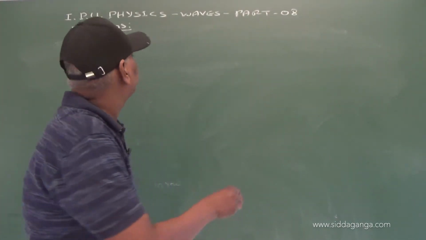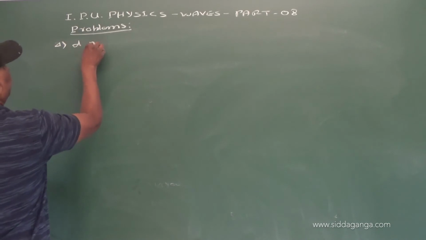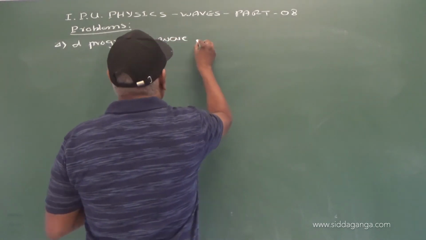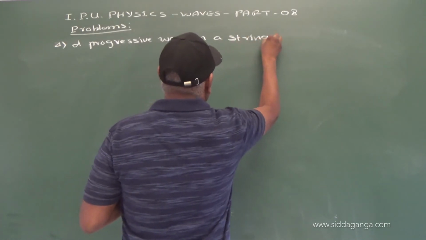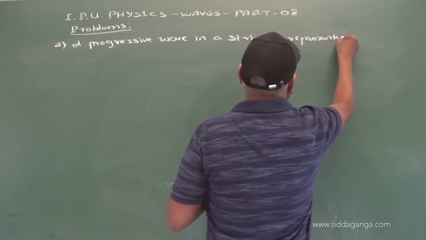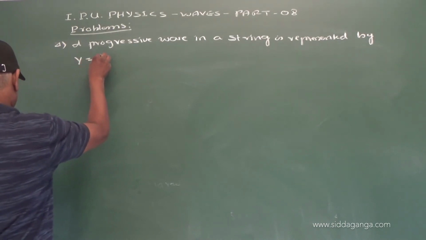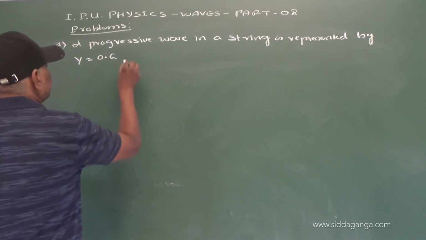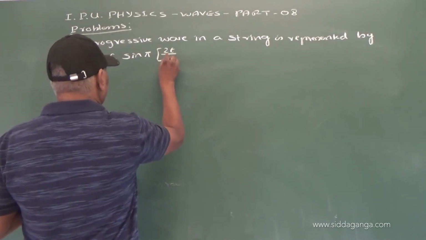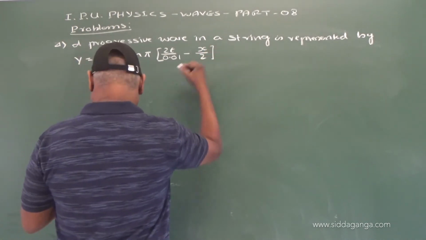Now, the problem number 4. A progressive wave in a string is represented by y is equal to 0.6 sin pi into 2t by 0.01 minus x by 2.